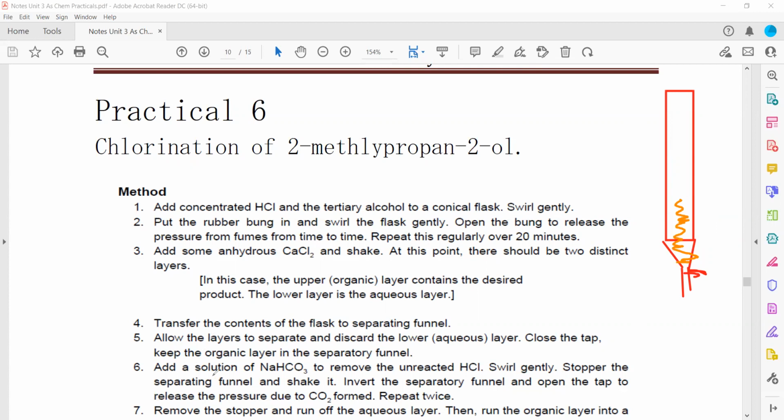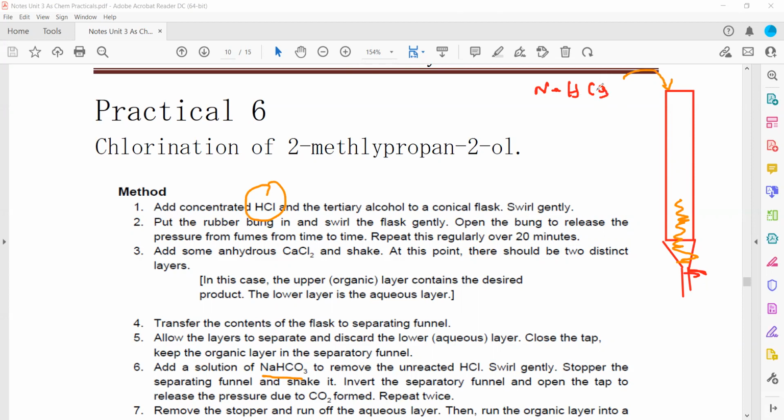Then we add sodium hydrogen carbonate. What is the purpose of the sodium hydrogen carbonate solution? Because the original reactant contained concentrated hydrochloric acid, if any trace of hydrochloric acid is there, it will be removed by the sodium hydrogen carbonate, because that will react with HCl to give salt, water and carbon dioxide.